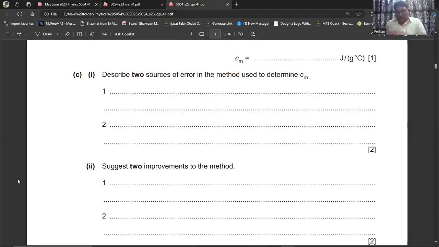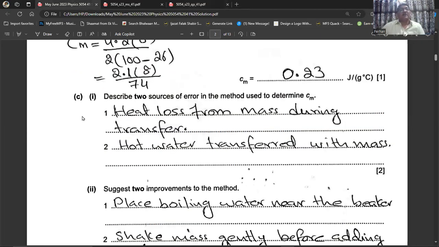So obviously, during this process, some time will pass, and the object would have lost some heat to the surroundings. These can also be the reasons: heat loss from the mass during the transfer, and hot water transferred with the mass into the beaker.